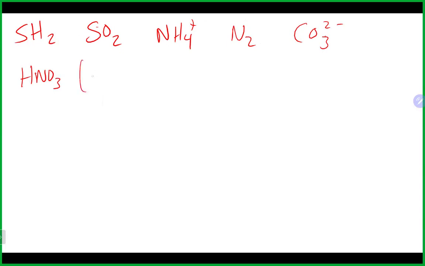In case you're not sure how nitric acid looks, it looks something like this, is how it's arranged. And why don't you also do CO2? All right. So for each of those, draw proper Lewis structures. And we'll talk about it.